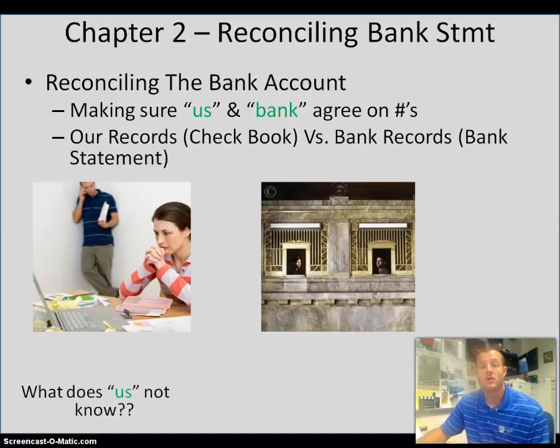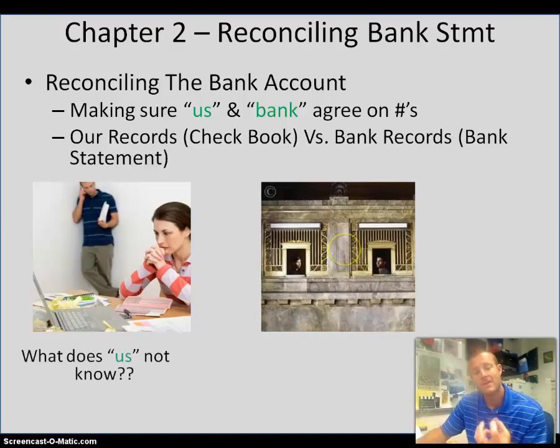All right. So when we think about the things that go on, we think about us as a company going through our records, entering data in, but there are things that the bank side is putting into place that we don't know are happening.